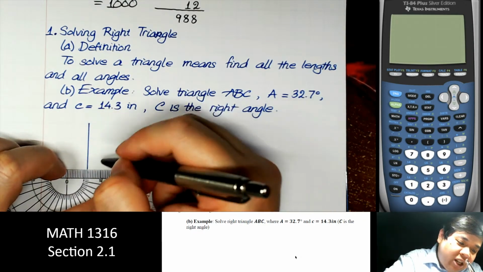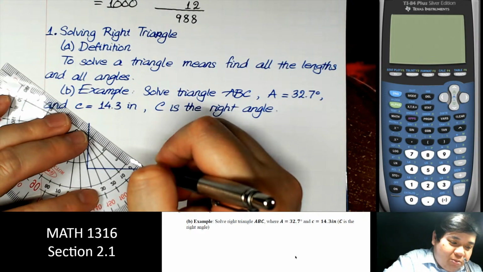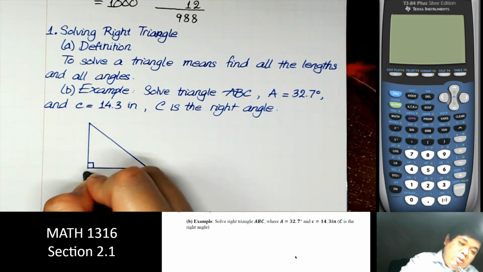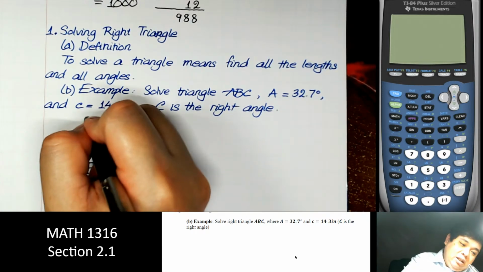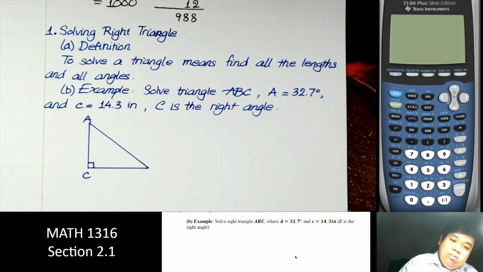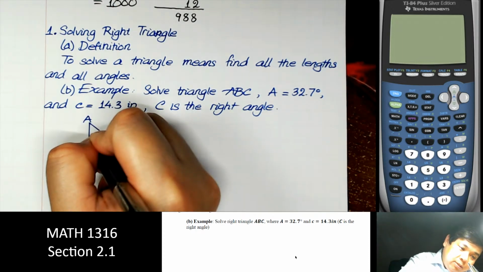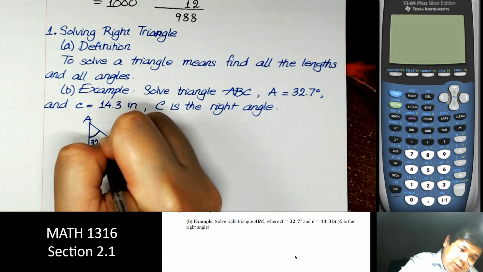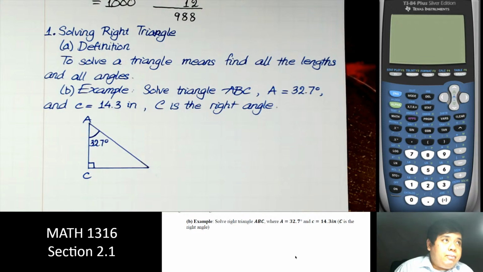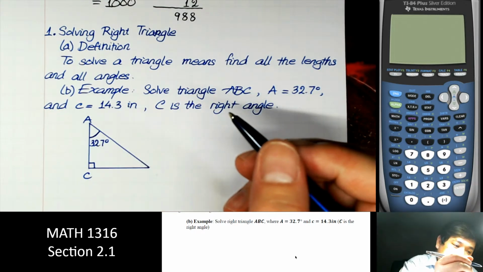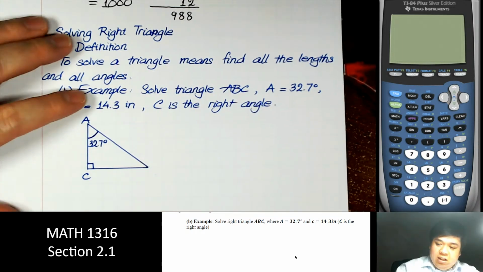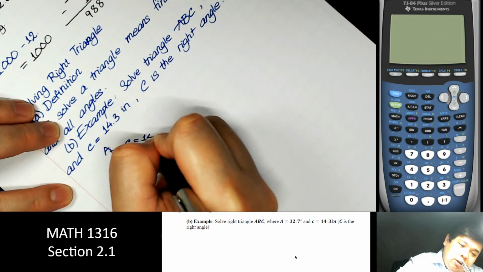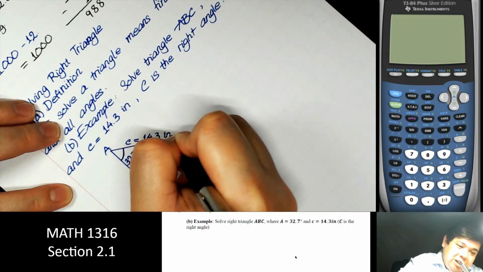It doesn't have to be the right scale, just a triangle like that. Angle C is the right angle. Angle A is 32.7 degrees. And side c is 14.3 inches.